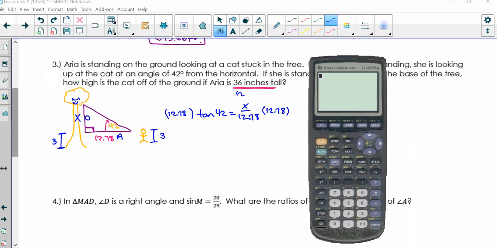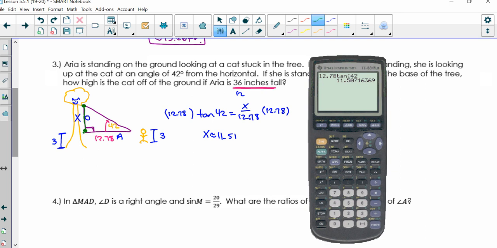Let's see my calculator. I'm going to say 12.78 times tangent of 42, and then I can say that x is about 11.51.